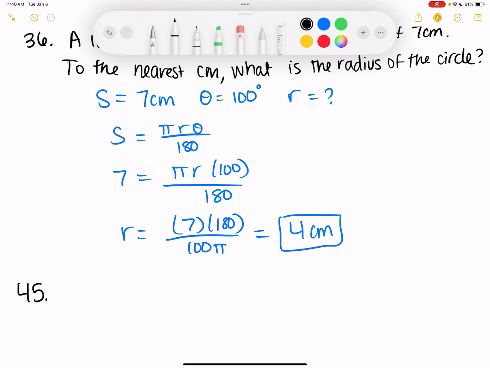One more word problem, and then we will be done. Number 45. Kathy races on a bike with 13-inch radius wheels.